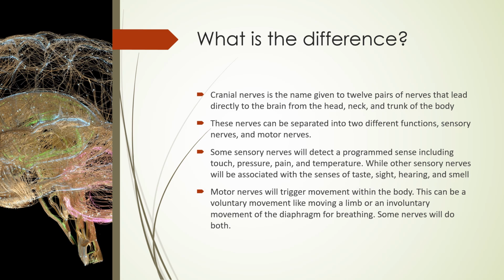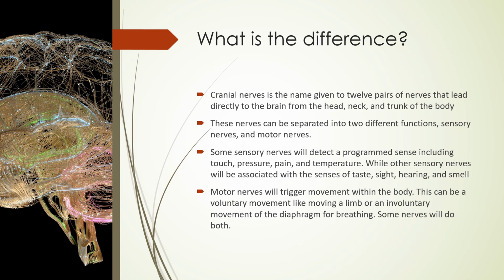so then it will activate a change in the blood vessels. So you'll get that vasoconstriction, you'll get that shivering, you'll activate the erector pili muscle to make your hair stand up on end, and it will be your motor nerves that will trigger that. So your motor nerves are the ones doing the voluntary movement.